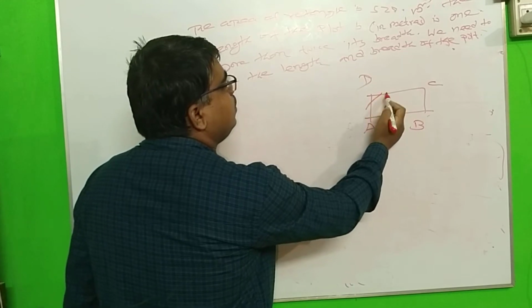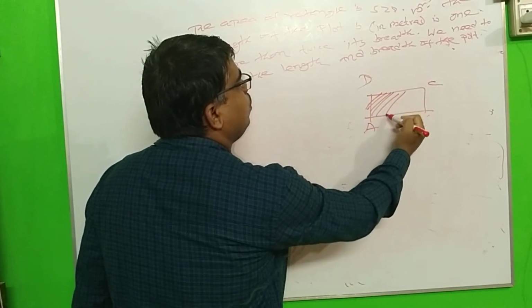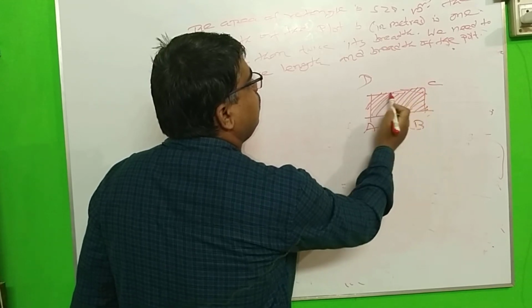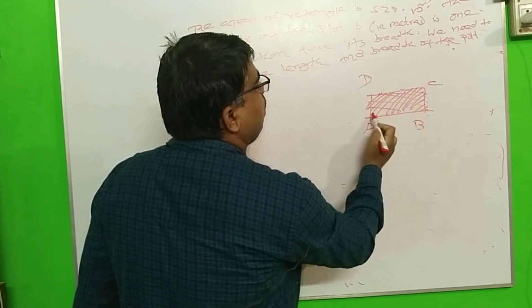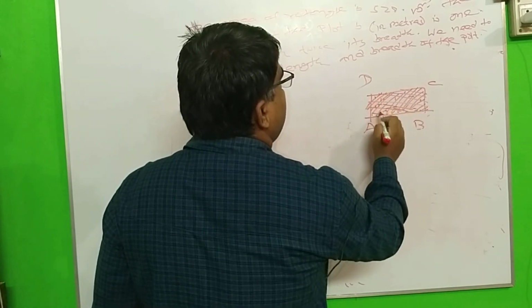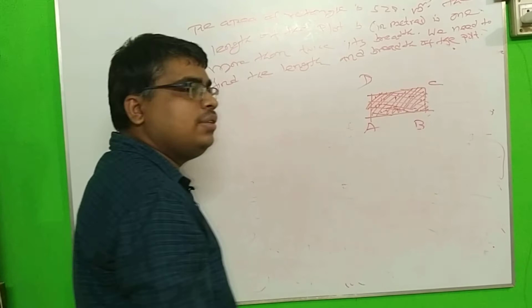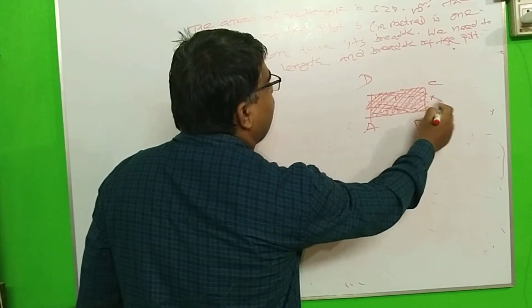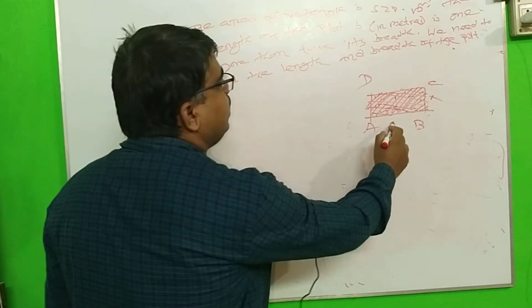We shaded the region of the area. This is the area of the rectangle. The breadth is here, length is here.